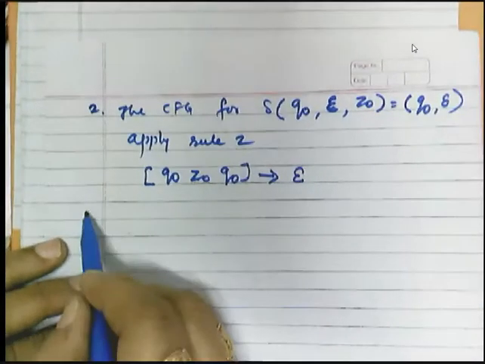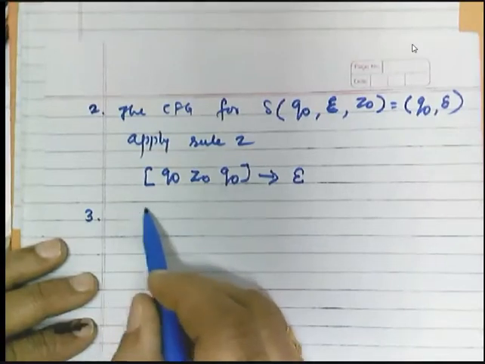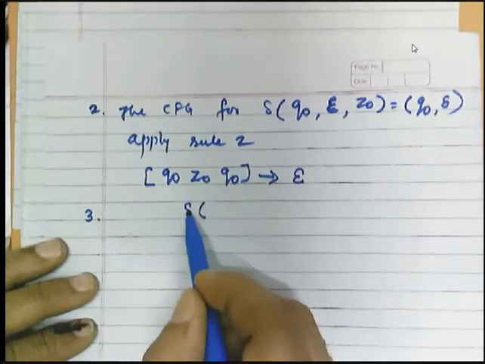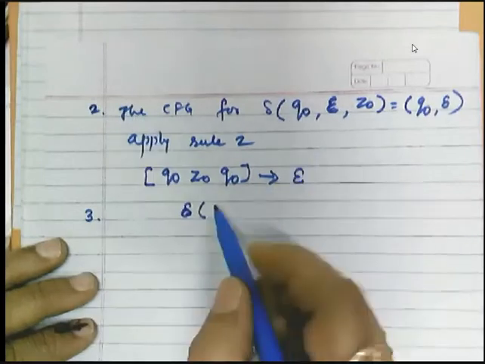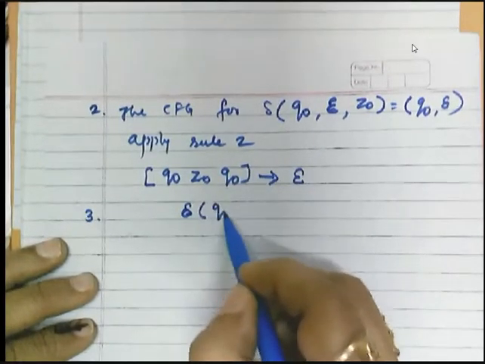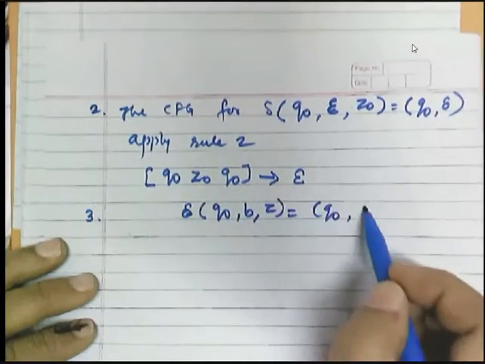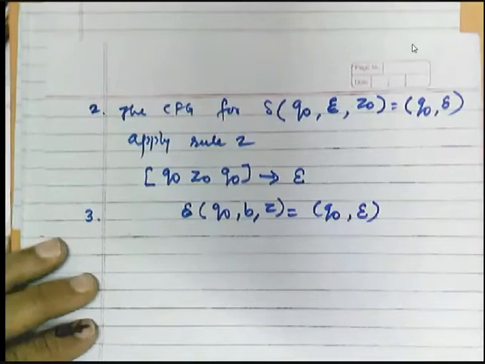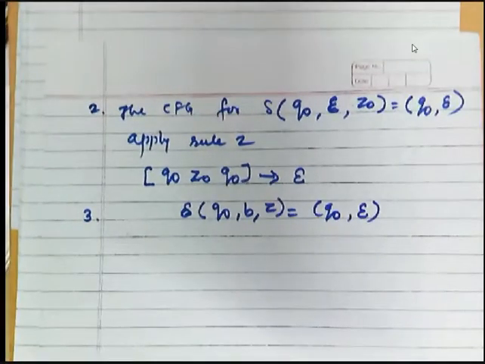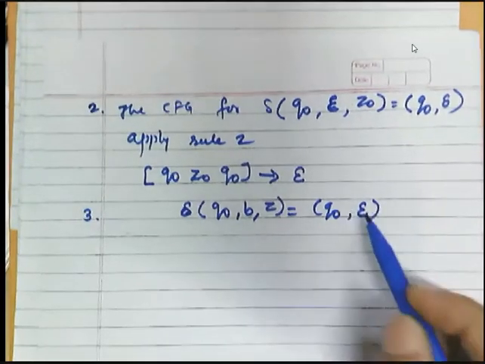Now third rule. So again I am directly writing delta. You have to write this all. So delta Q0 BZ is equal to Q0 ZZ.